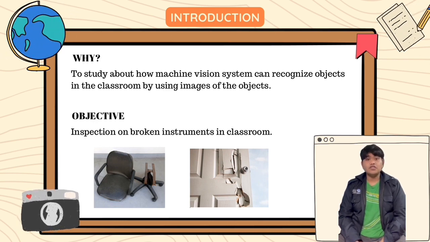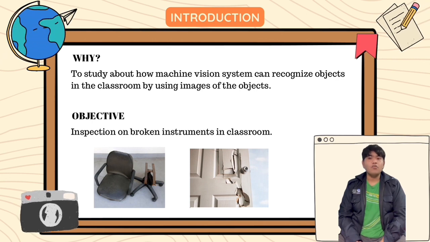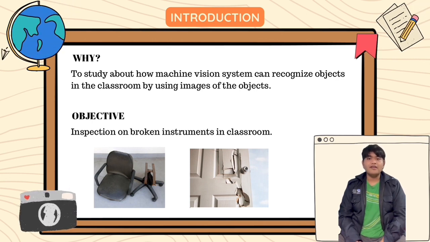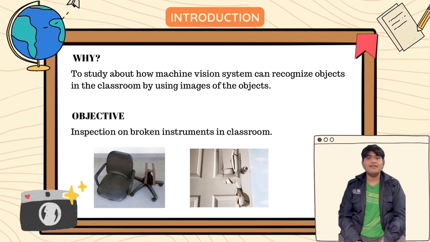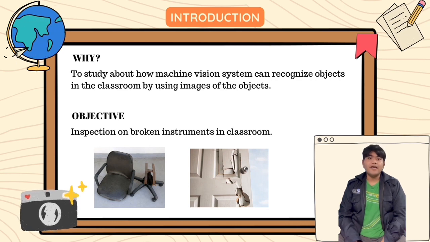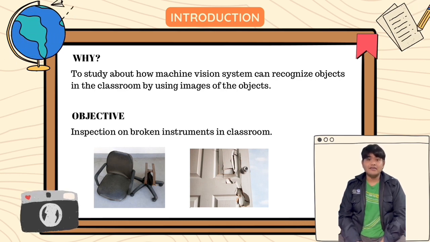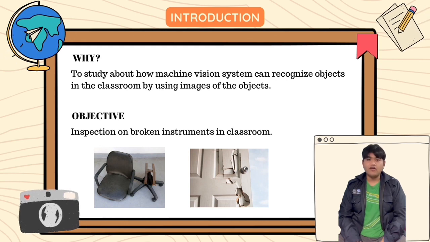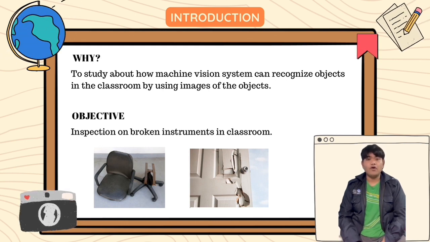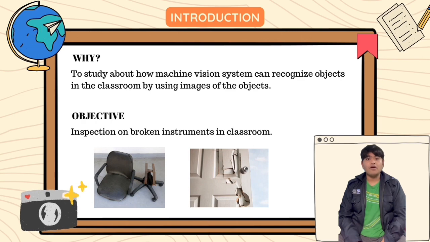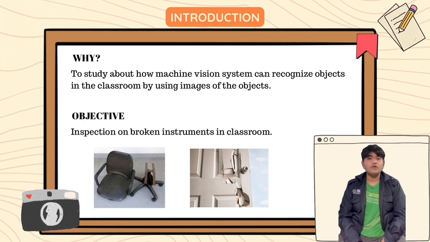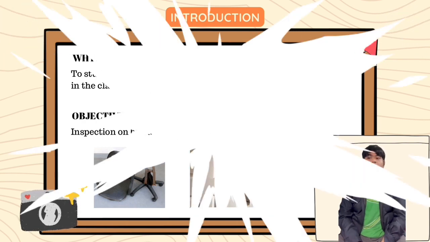By using a machine vision system, the system will recognize those instruments and reassure that they can be used. But when our system cannot recognize the instrument, we can confirm it cannot be used anymore, because for sure those broken instruments will not have true shape and features anymore.